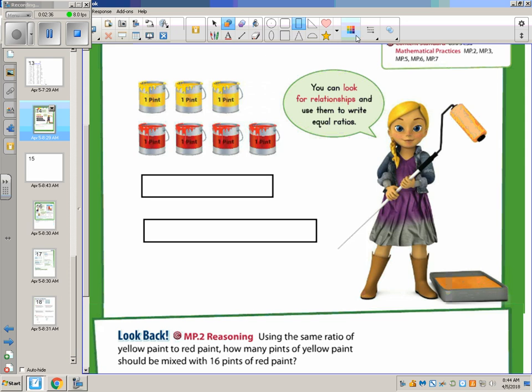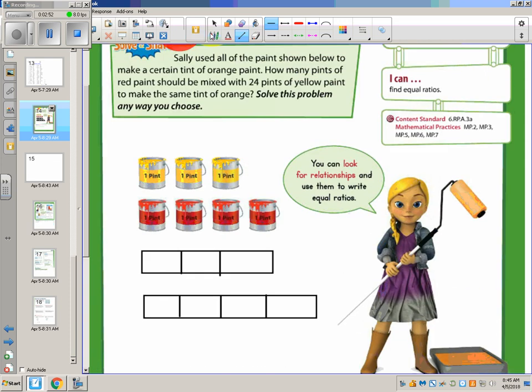So I could draw a tape diagram and have 3 boxes on the top to represent the yellow paint and 4 boxes on the bottom. So 1, 2, 3, 4. And if I've got 24 pints of paint, 24 divided by 3 would be 8. So I would know that there would need to be 8 in each box to keep that ratio equivalent.